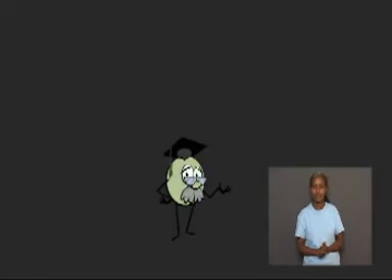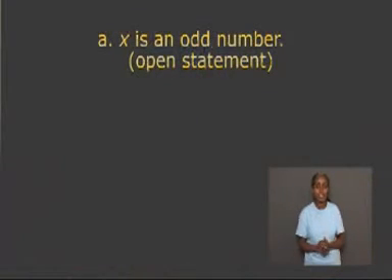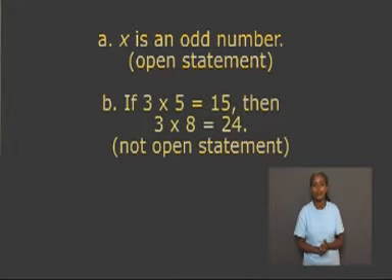Time's up. Let's get back to our lesson. Hello again, students. I am confident that you were able to identify the open statements and their different parts. The first statement is open. x is the variable and is an odd number is the property to be satisfied. The second statement is not open.